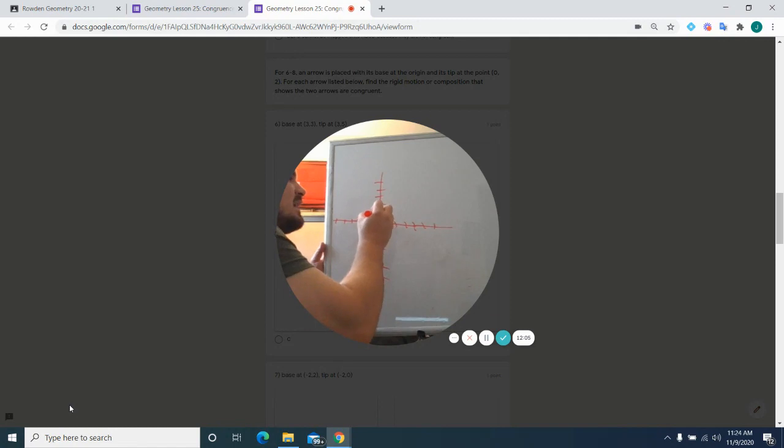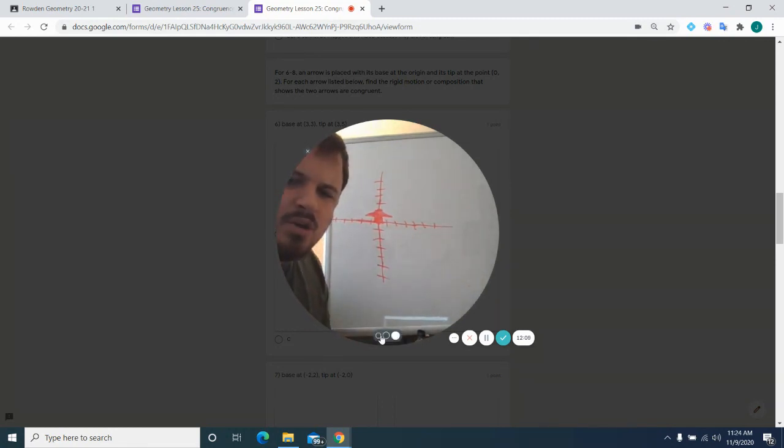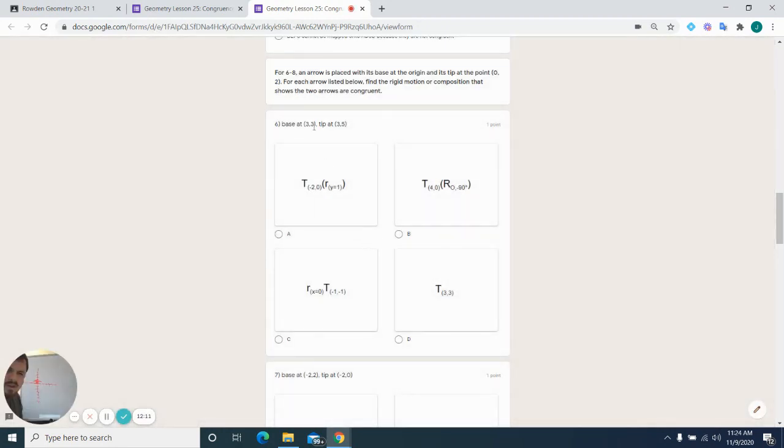And now what it's saying is that we have a new arrow with the base at 3, 3. So 1, 2, 3, comma 1, 2, 3. So here's the new base, and the new tip is at 3, 5. So the new tip is right here.